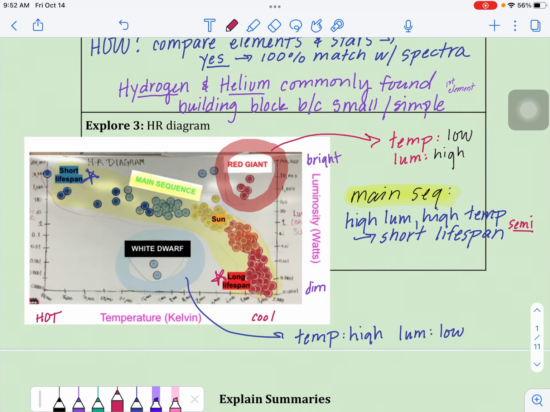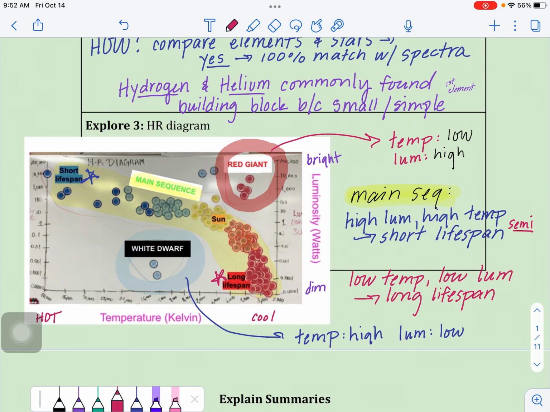Here, our long lifespan section of the diagram is a little bit different. These are very dim stars with cooler temperature. These are low temperature, low luminosity stars. And as you maybe can guess, those stars have the longest lifespan on the diagram. I like to call those stars the Mini Coopers of stars, right?